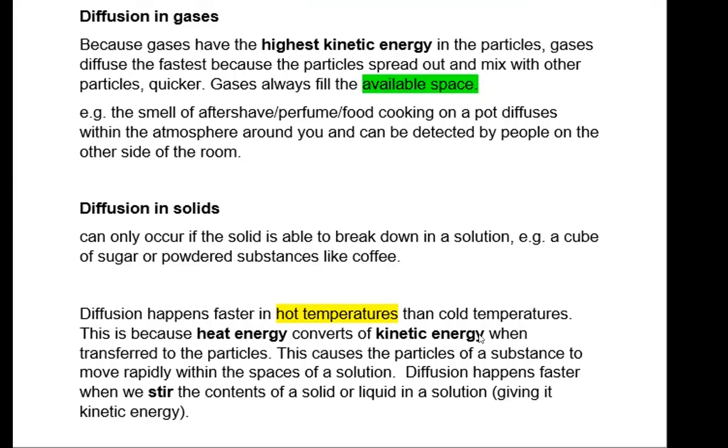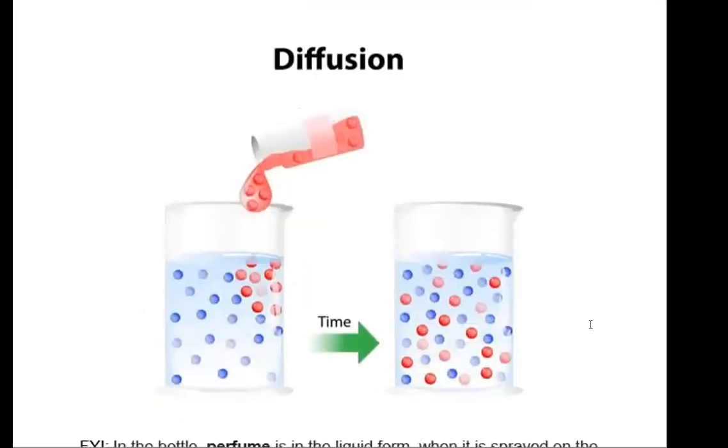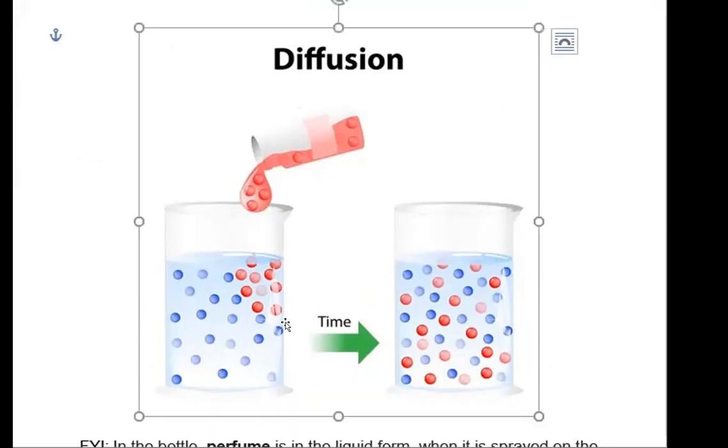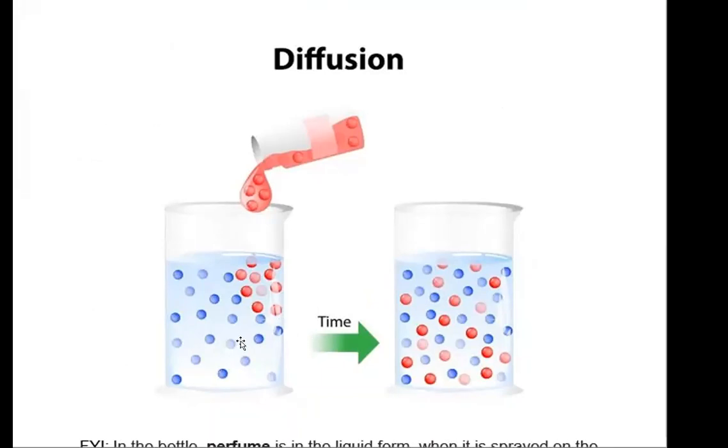And when it starts moving faster, then it will be able to fill in the spaces of the liquid, just like this picture. But if the water is cold, then the particles will take a little bit longer to fill in the gaps between the particles of a liquid and evenly distribute.